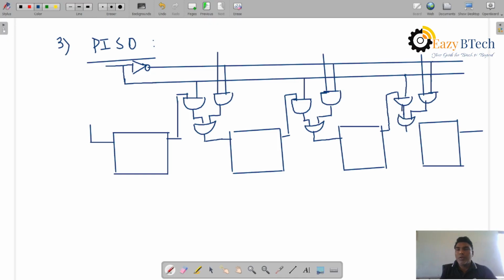Both are connected to one OR gate as an input to the next state. So this is A, parallel input B, and C, this is D. Then the output is serial output data.